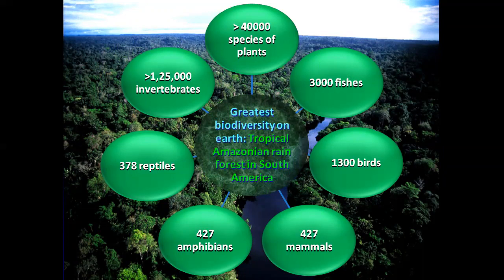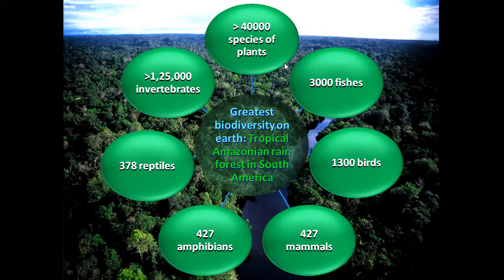We have some more examples here to learn. More than 40,000 species of plants, 3,000 fishes, 1,300 species of birds, 427 mammals, 427 amphibian species, 378 reptiles, and more than 1,25,000 invertebrate species.